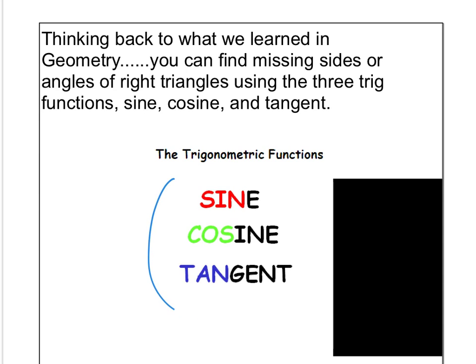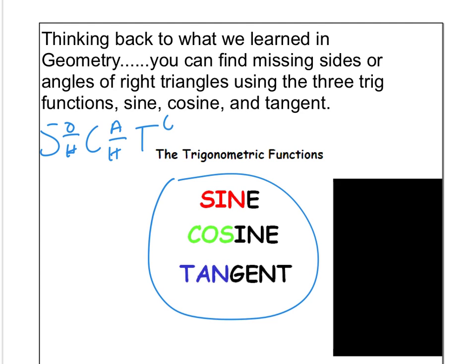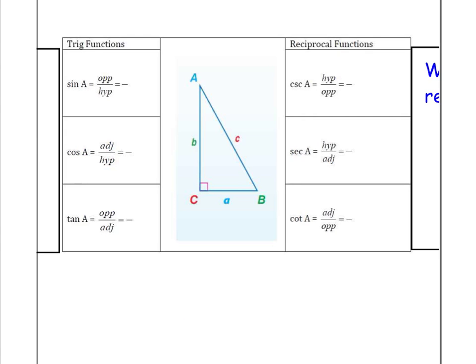So sine, cosine, tangent. The word SOHCAHTOA is something that you should have heard before and should honestly remember very well, because that's what you're working with. So sine, cosine, tangent, and then you have the reciprocal functions, which is just flipped over.